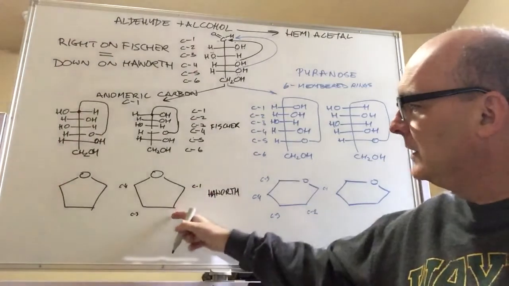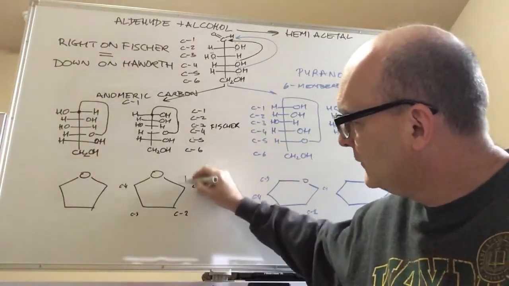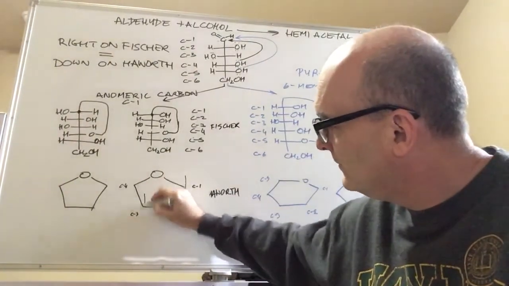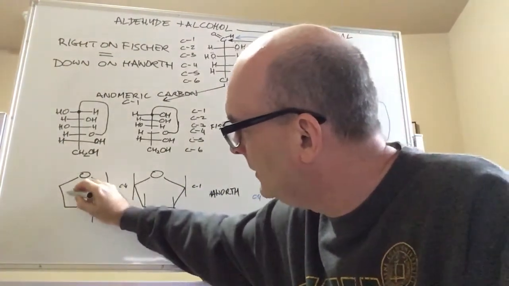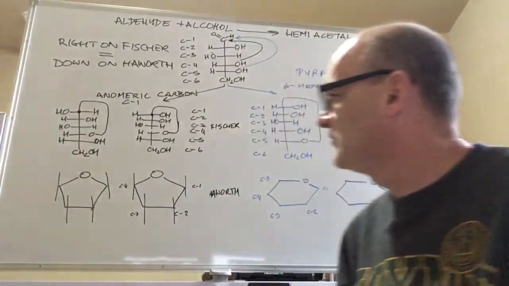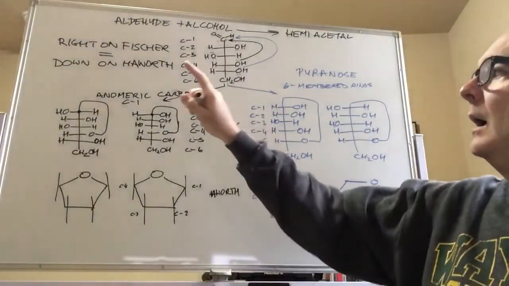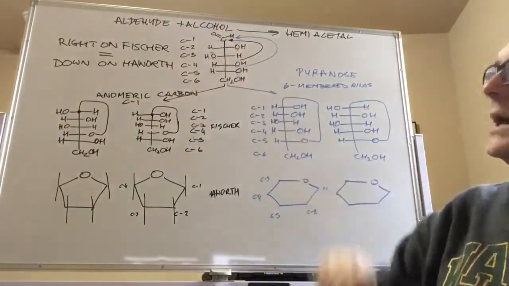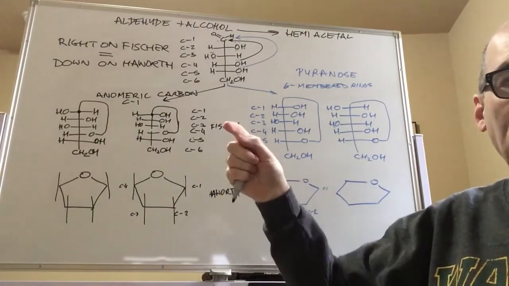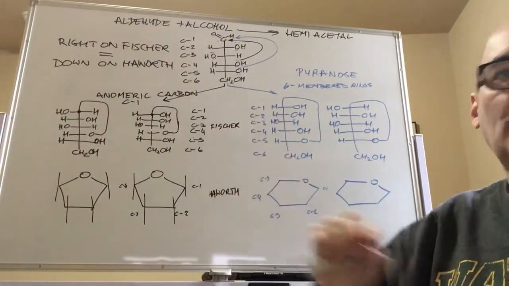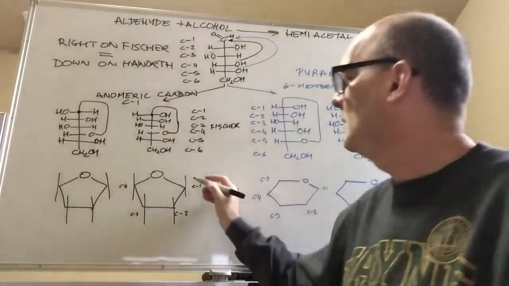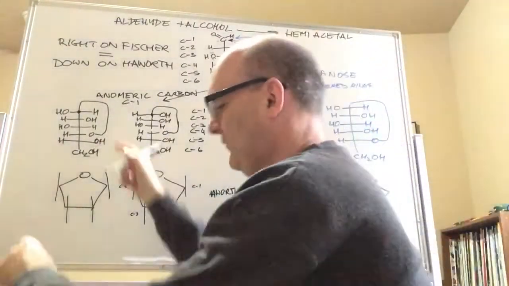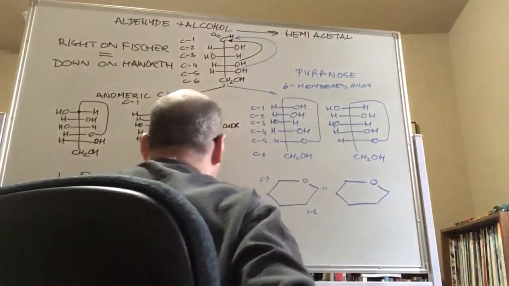So every carbon that goes around the ring has an up or a down attached to it. And if you were on the right hand side of the Fischer projection, I'm going to write you pointing down in the Haworth projection. So at carbon number 1, let's do it from left to right.